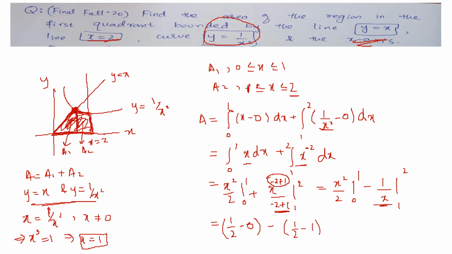So this is 1. 1 over 2 minus 1 gives us minus 1 by 2, and due to this negative sign we get plus 1 over 2. The total area is given by A equals to 1 by 2 plus 1 by 2. This gives us 1. So the area of this shaded region is 1 unit.